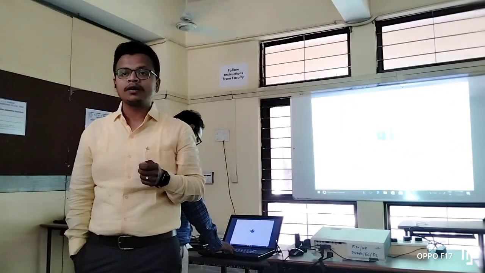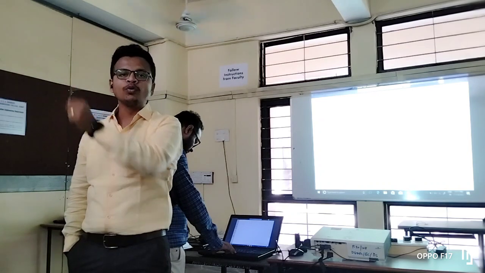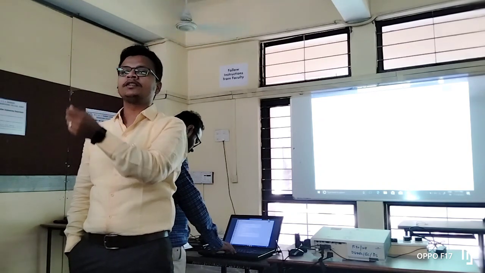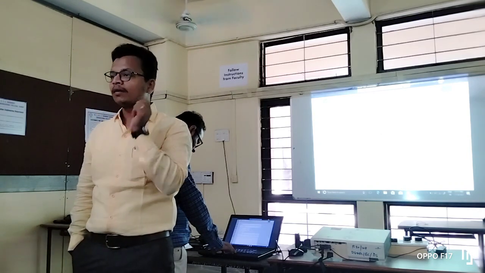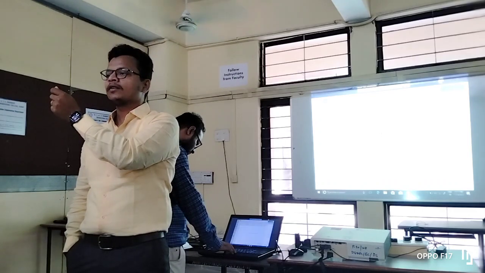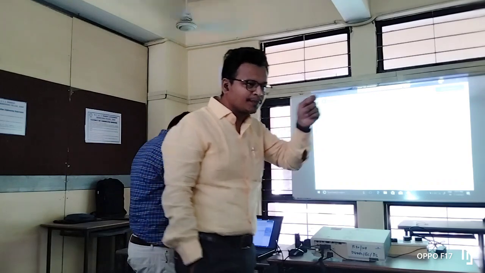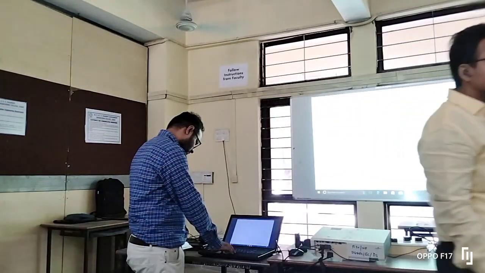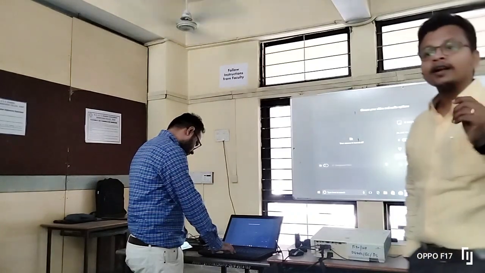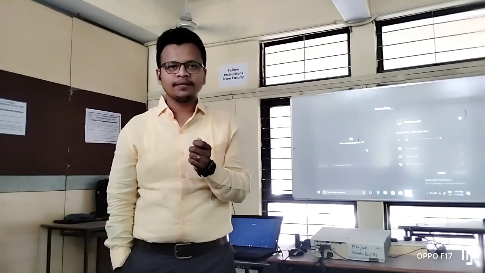Continuous value means between 1 volt and 2 volt there are too many values: 1.01, 1.02, 1.03, 1.1, up to 1.99 and 2. So with respect to time and your value or magnitude, you have continuous variation. That will be your analog circuit.